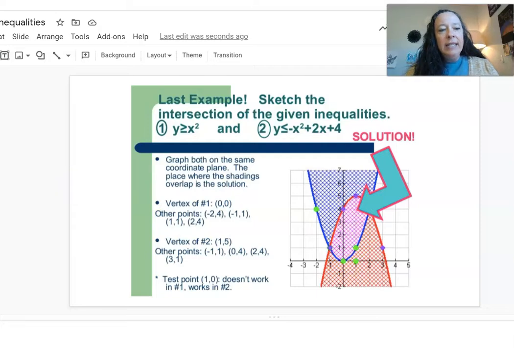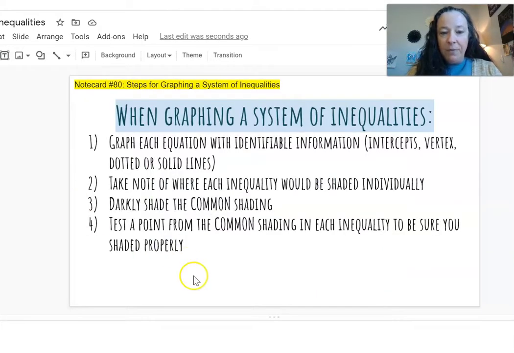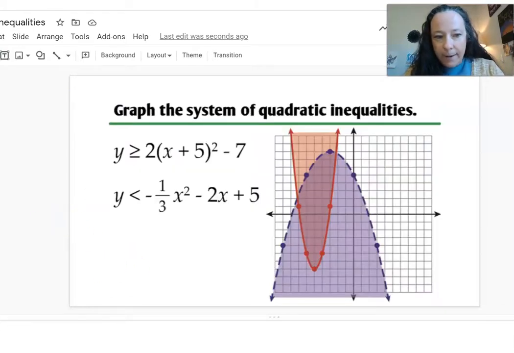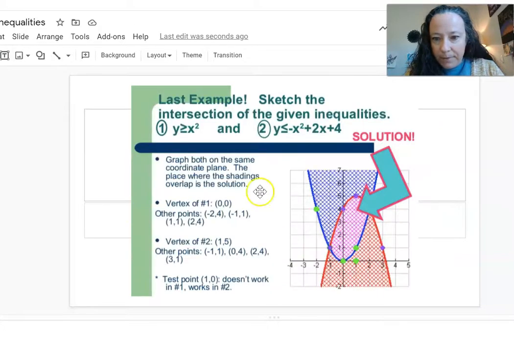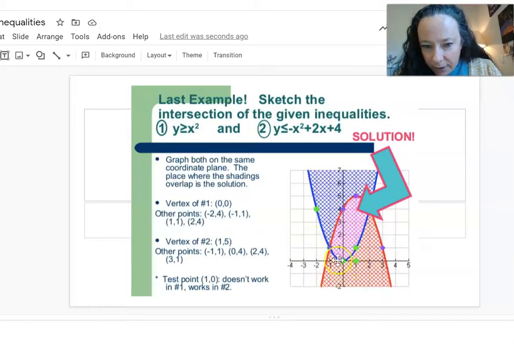Now, I didn't talk through this last step that you have on note card 80 yet, where you test a point in the common shading to make sure that it works in each inequality. So let's look at this one. So in the common shading, a test point here, they picked 1, 0.